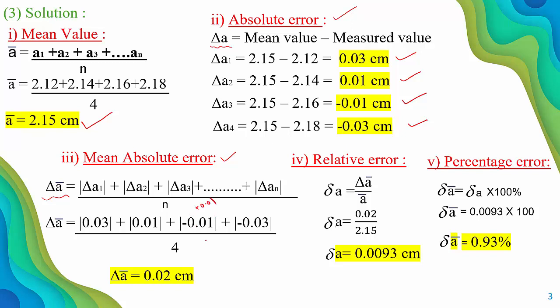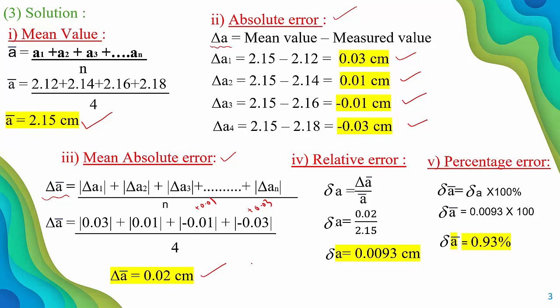Then similarly plus mod of minus 0.03, which also becomes plus 0.03, divided by 4. So the final mean absolute error we got, delta A bar, is equal to 0.02 centimeter. This is mean absolute error.